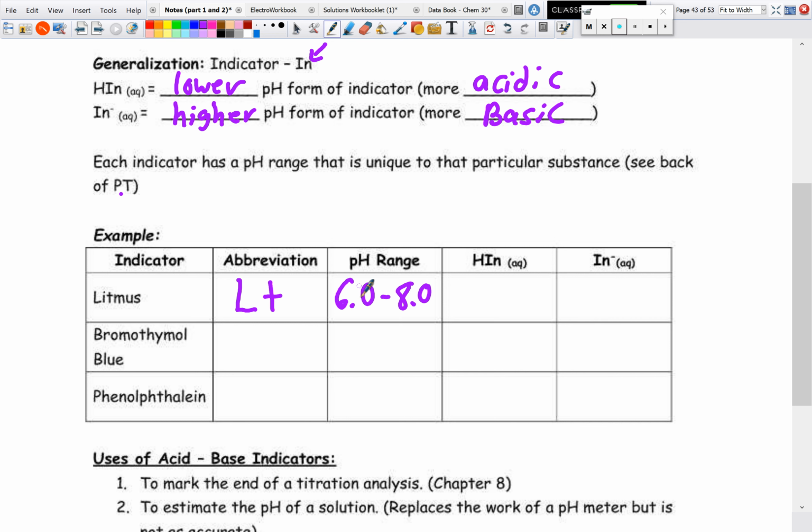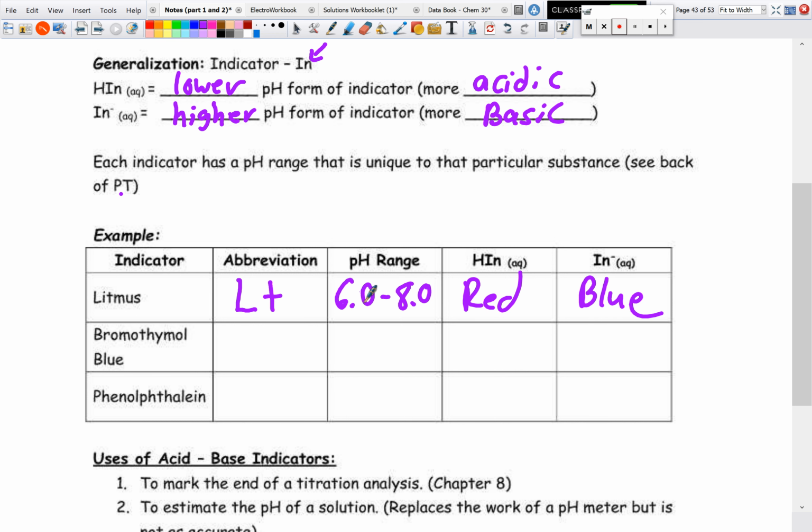What that means is that anything below 6.0 is going to be HIn, or in this case, the acidic form is HLt. And of course we know when litmus is in the acidic form, we see red. Same thing if it's in its basic form, we know litmus is blue.